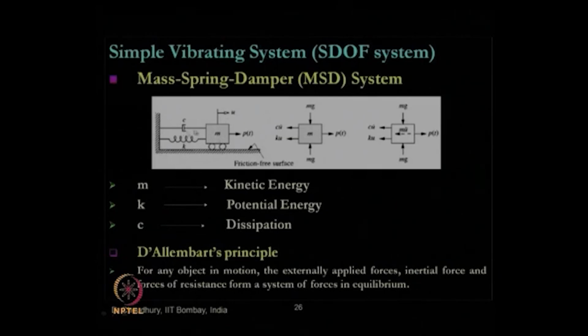That is the mass, the damper with damping constant C, K as the stiffness or spring constant, and u is the only degree of freedom, which varies with respect to time. Using this displacement or coordinate, we can identify the position of the structure at any point of time, and P of t is the dynamically applied load on the system.